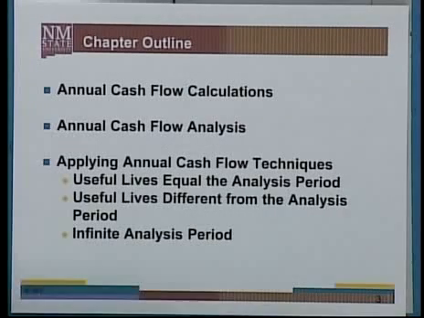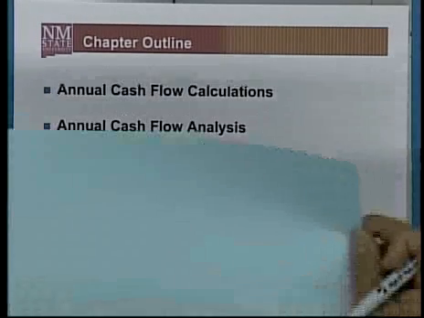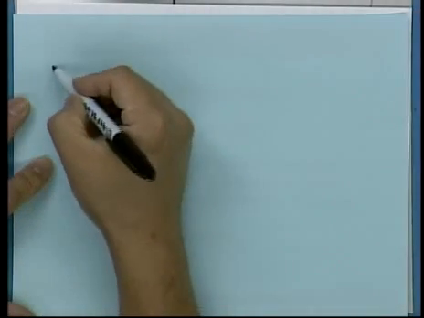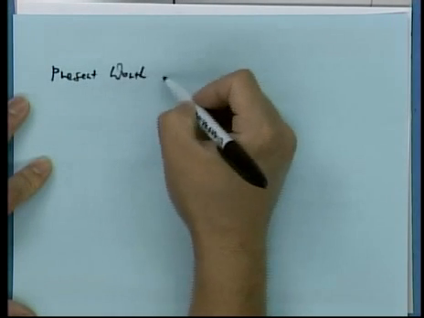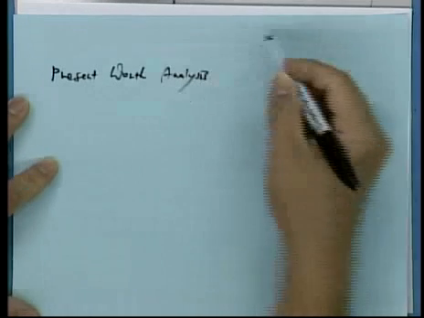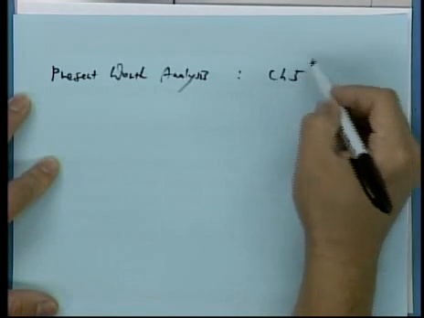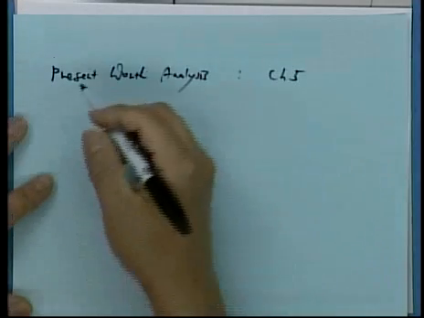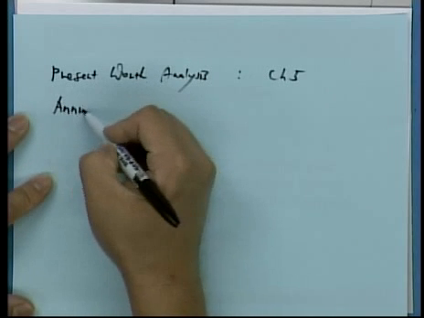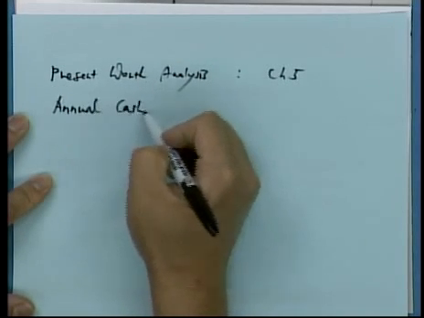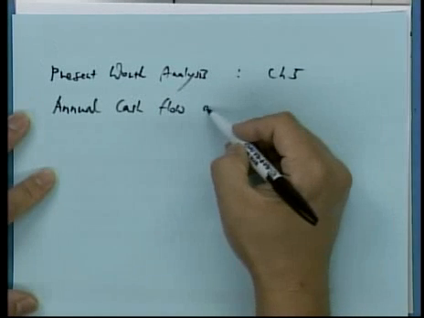And I mentioned this earlier. There are 4 major methods of cash flow analysis for resolving alternatives into comparable values. The present worth analysis in chapter 4 is one of them. And in this chapter 6, we will talk about annual cash flow analysis.